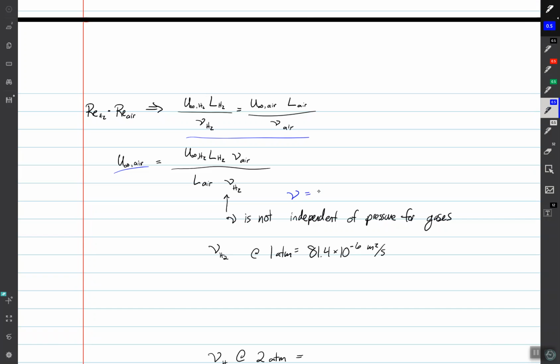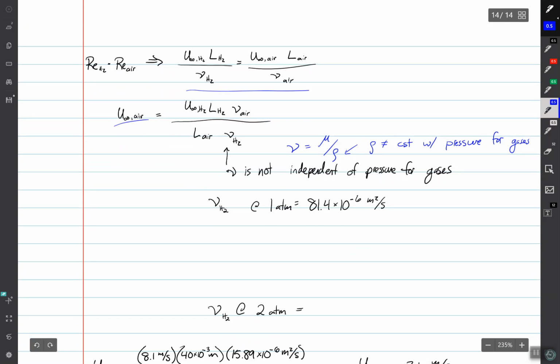Density is not constant with pressure for gases. It is for liquids, but not for gases. So what we looked up before was the kinematic viscosity of hydrogen at 1 atmosphere. We found it was 81.4 times 10 to the minus 6 meters squared per second.